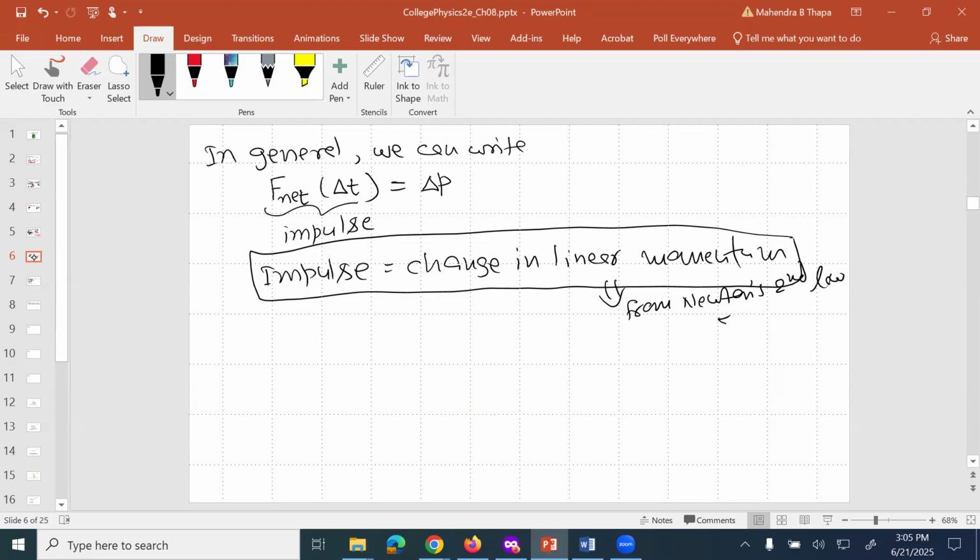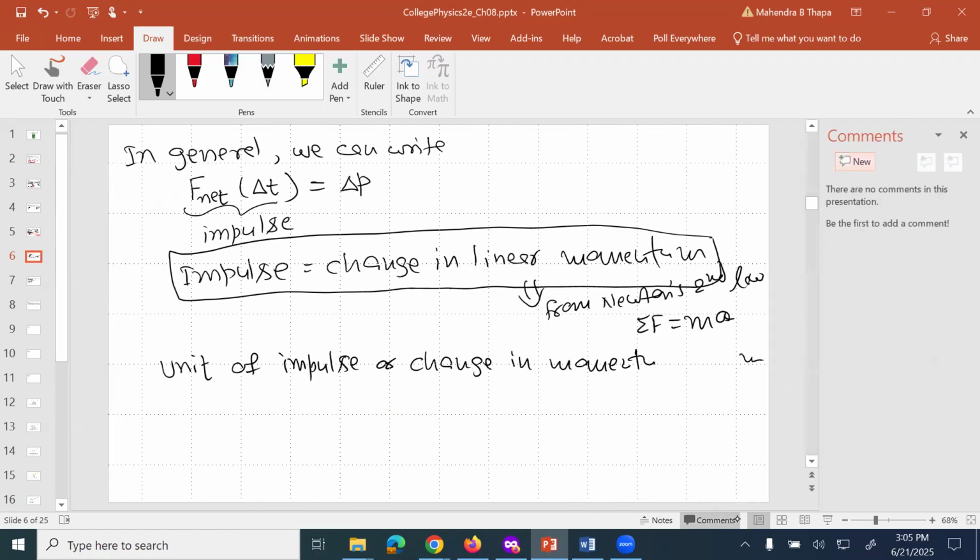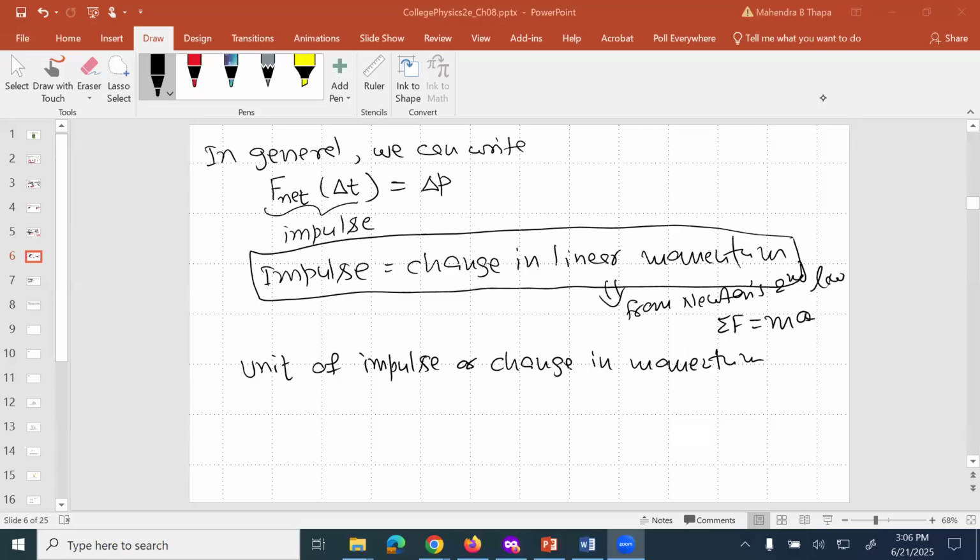Newton's second law says net force equals m times a. From here, we can say the unit of impulse or change in momentum equals newton second, because impulse is the product of force and the time interval.